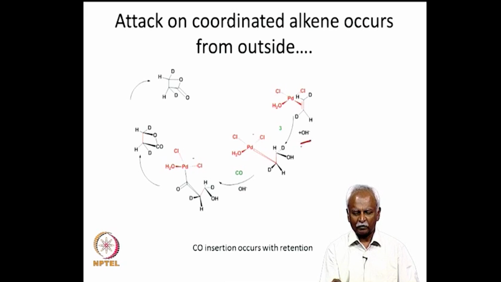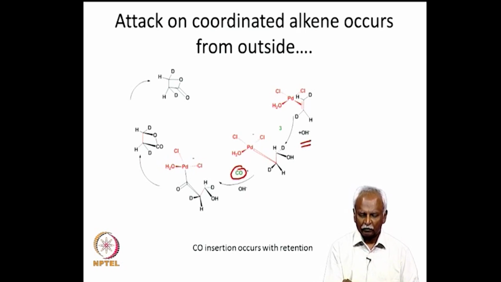Hydroxide attacks from the outside because OH minus was added, and this can be combined with insertion of carbon monoxide into this palladium carbon bond, which, as I showed you in the last projection, has been exaggerated in length so that you can follow what is going on.